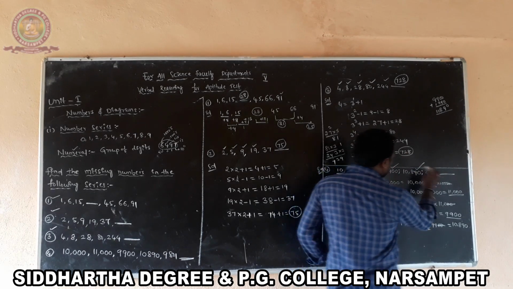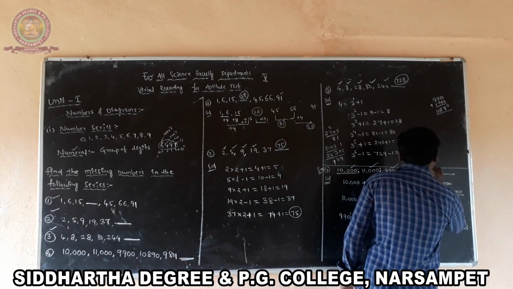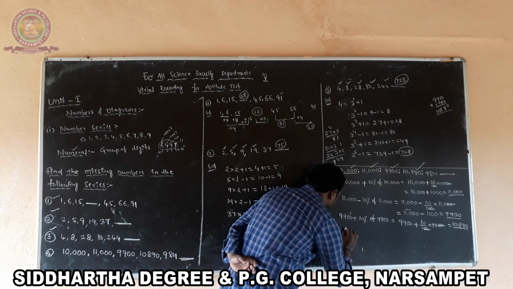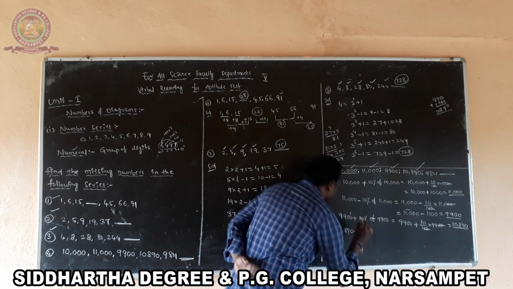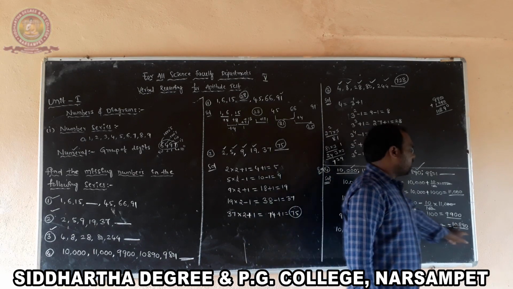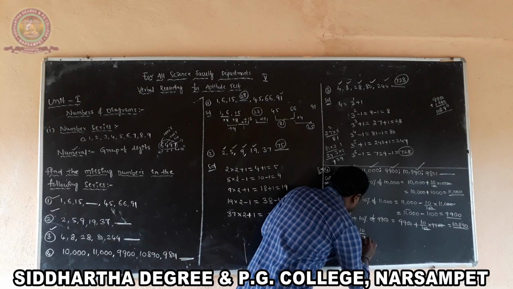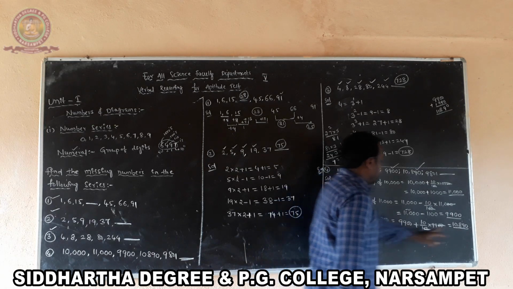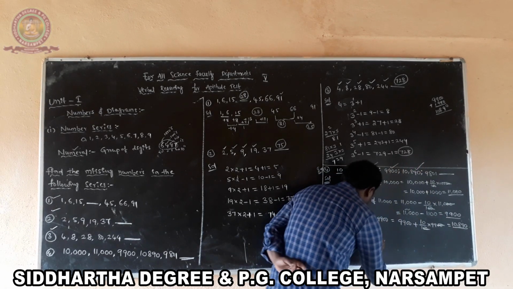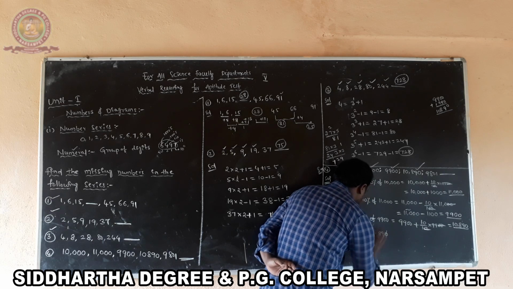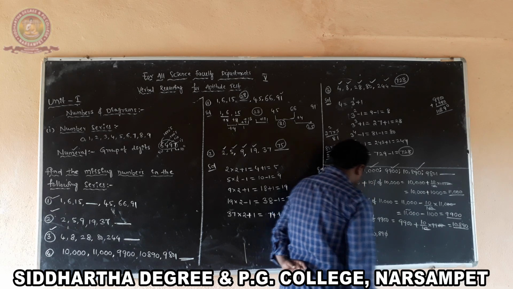So the next term is decreasing. So that is minus. So that is 10,890 minus 10 percentage of 10,890. So that is 10 by 100 into 10,890. So 0, 0 cancel, 0, 0 cancel.